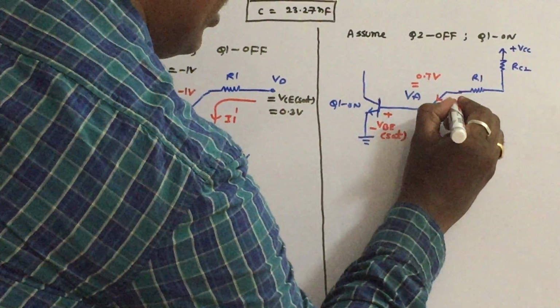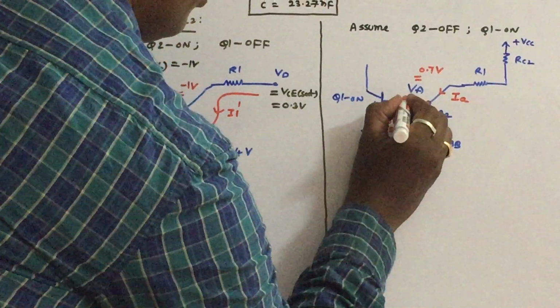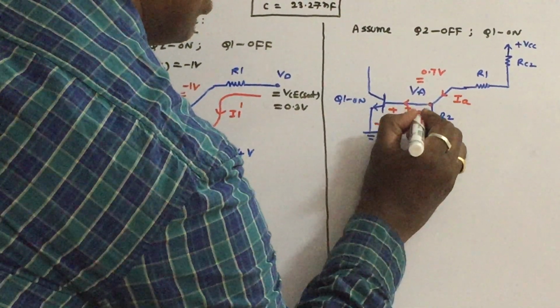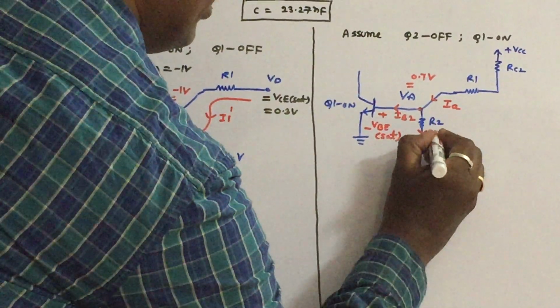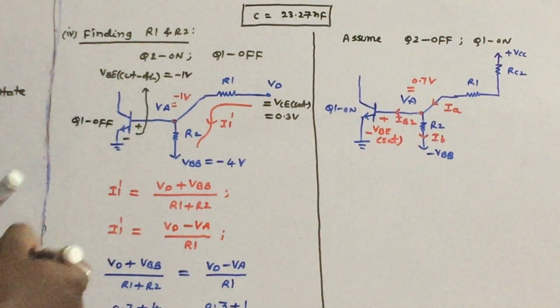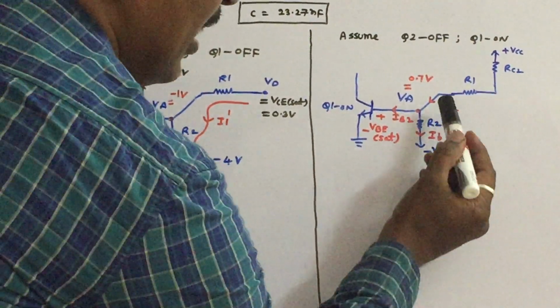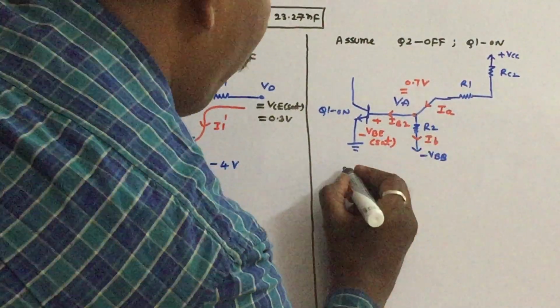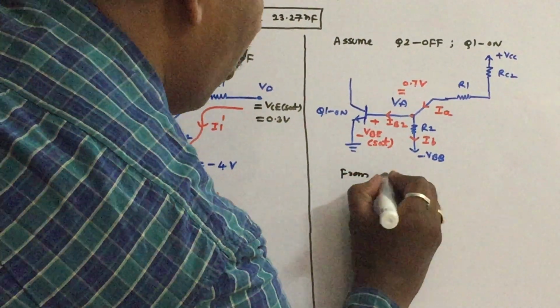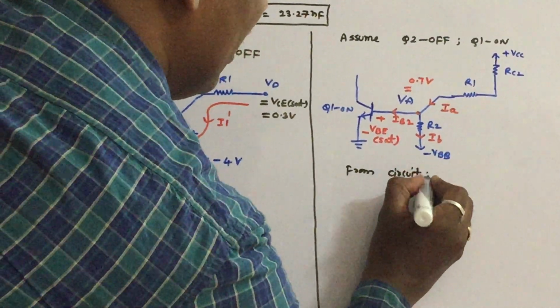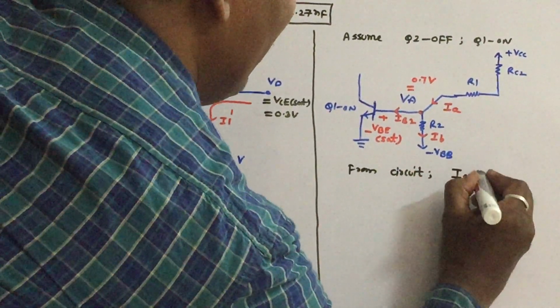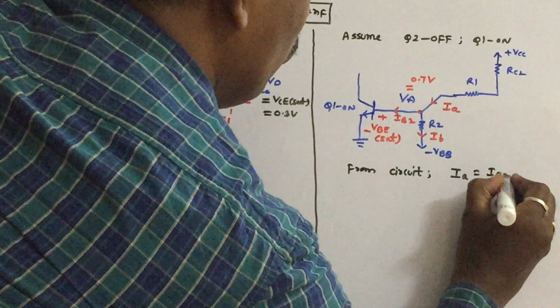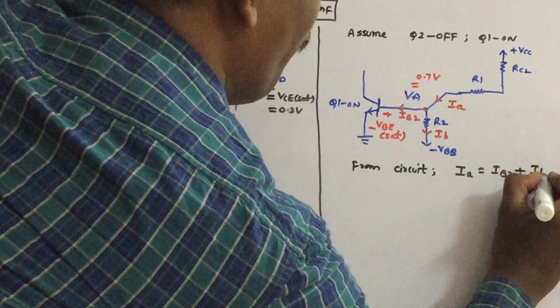Let us say this current is IA, the current in this branch is IB2, and in this branch is IB. Simply applying KCL, IA is equal to IB2 plus IB.